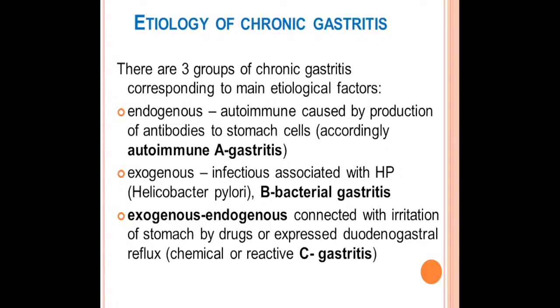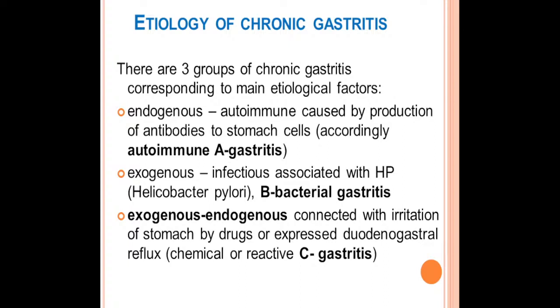B gastritis is of exogenous etiology. It is very well known: infection with Helicobacter pylori. Helicobacter pylori is found in more than 90% of patients with gastritis, gastroduodenitis, and also peptic ulcer disease.